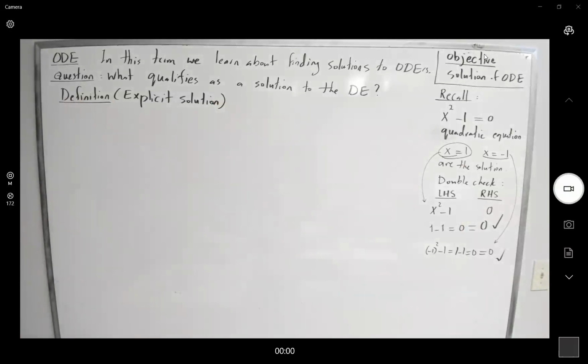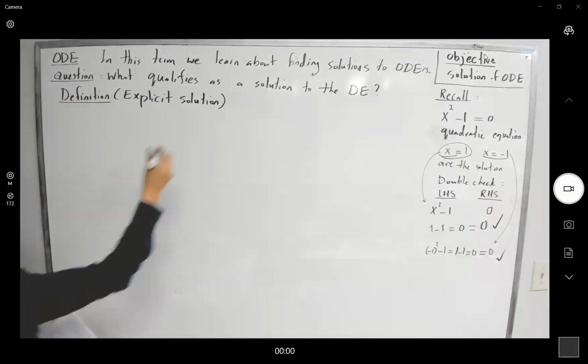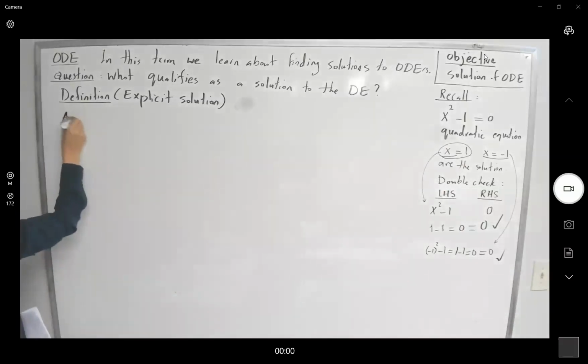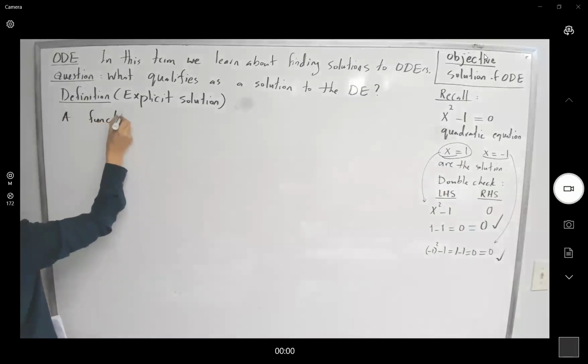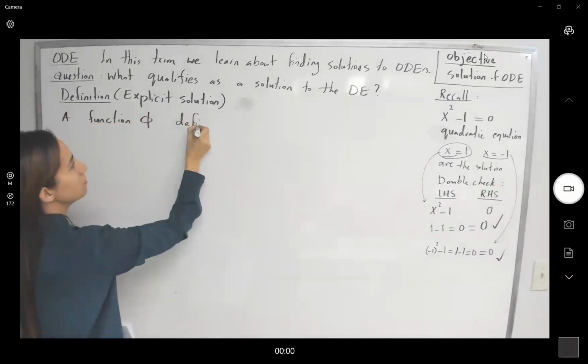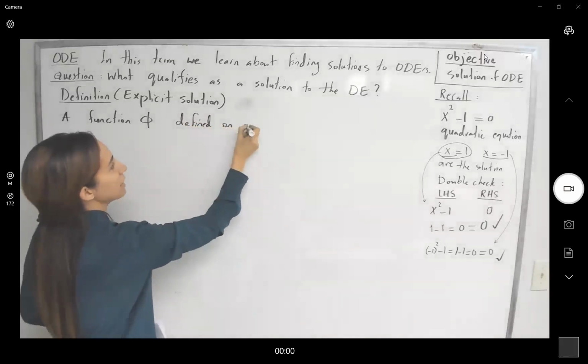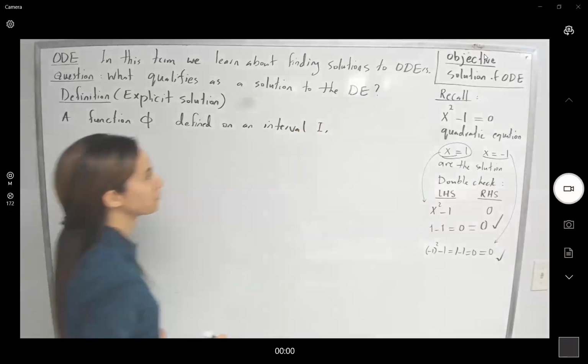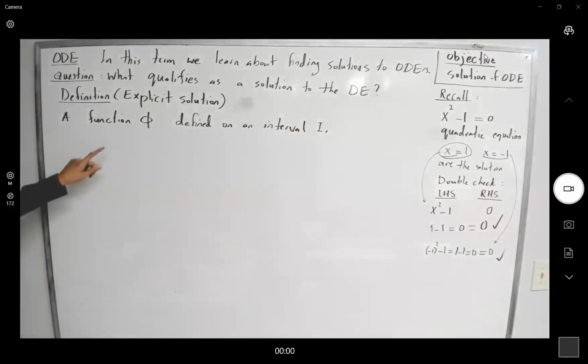Well, a function like phi defined on an interval like I. Okay, so you have a function like phi which is defined on an interval.